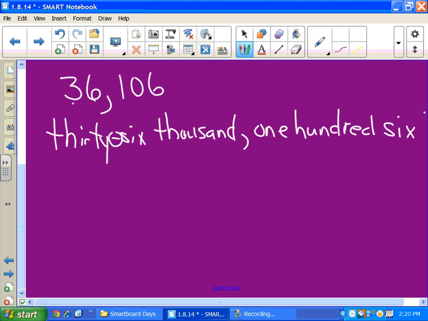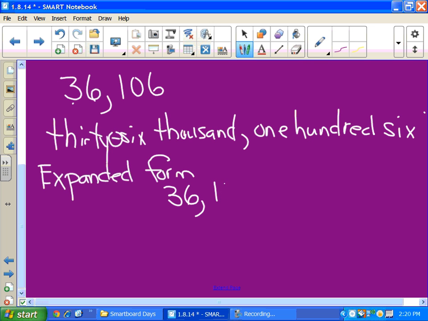So let's take a look at expanded form. If you remember, expanded form is writing out each of the values for each place. So let's take 36,106, we're going to write the value for each place.